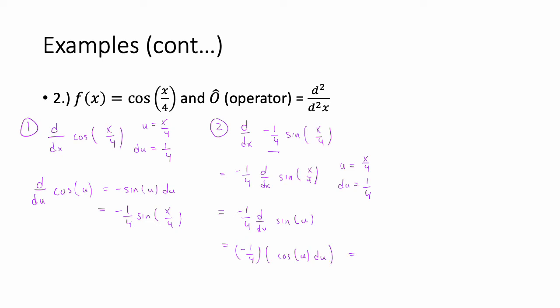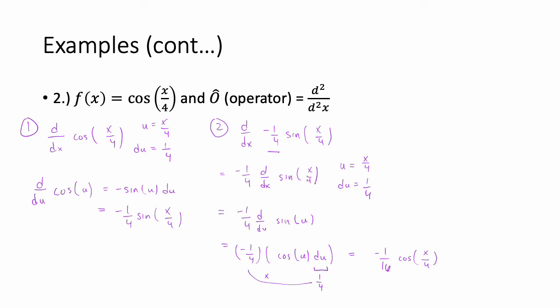So we have negative 1/16, since du is equal to 1/4 and negative 1/4 times 1/4 is negative 1/16, and then cosine of u is cosine of x to the fourth.